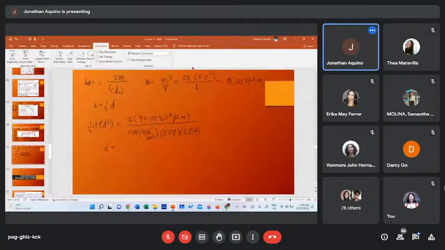Yan yung value ng d. Can you solve? Yan yung d.